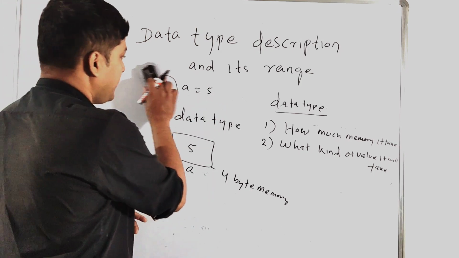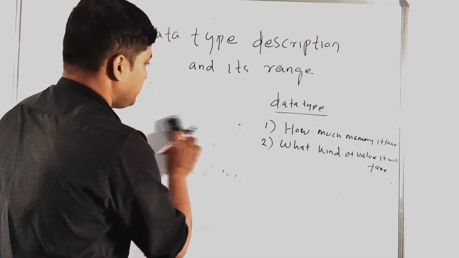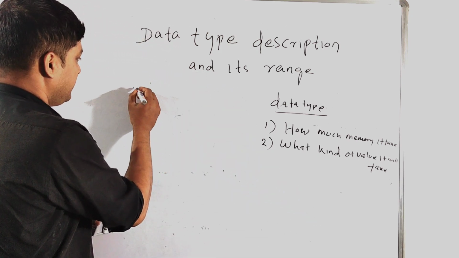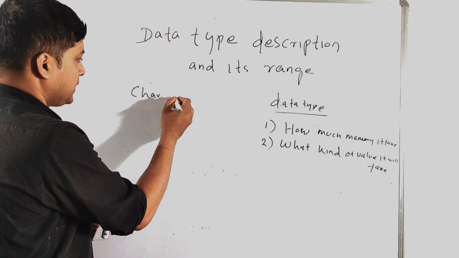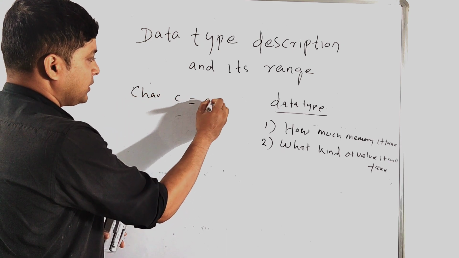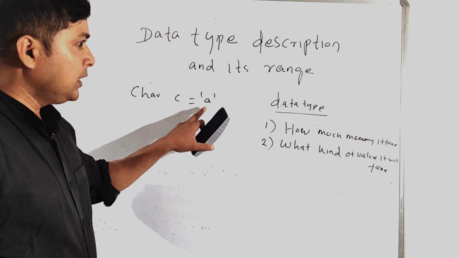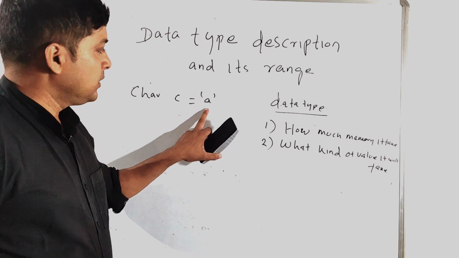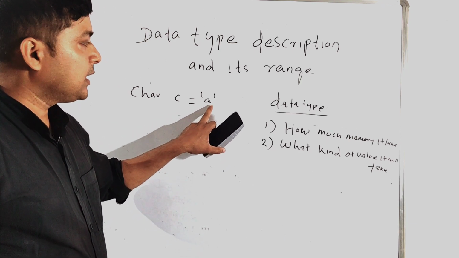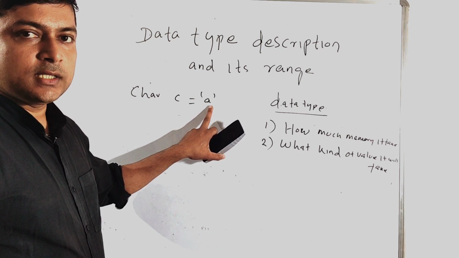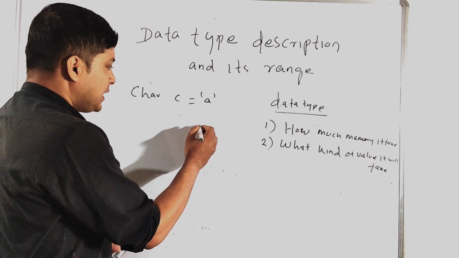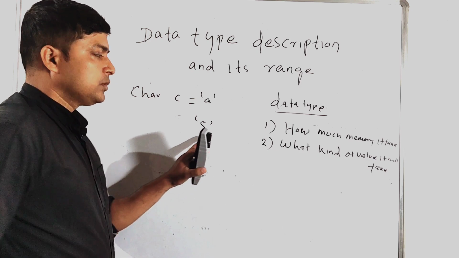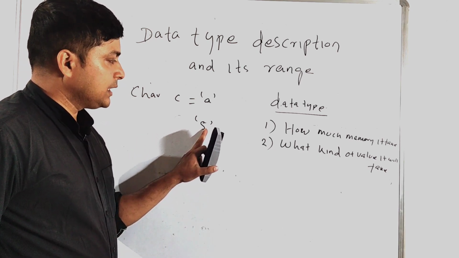Suppose I am writing the character data type, char c. The character data type takes only one character, in single quotes. We cannot take more than one character in single quotes; it is not considered a character data type. For example, 5 is also one character, so it is written in single quotes.